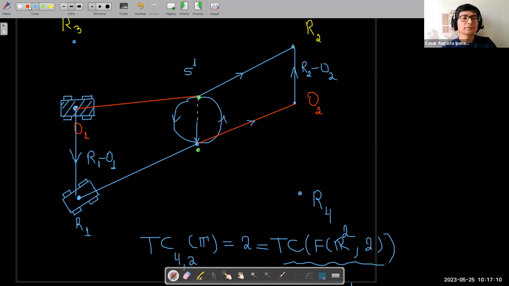If we concatenate this path, the obstacles move from O1 to this point, then move over this, and then move over this desired position.